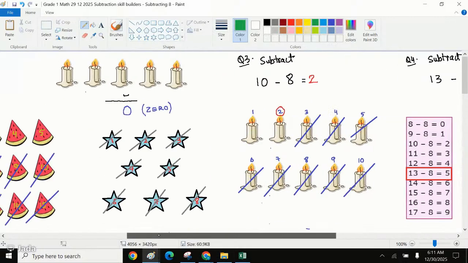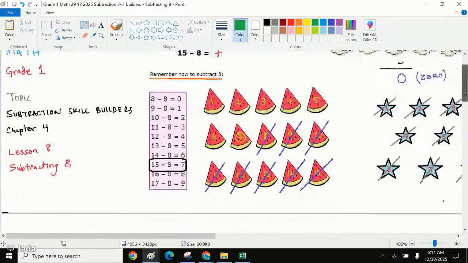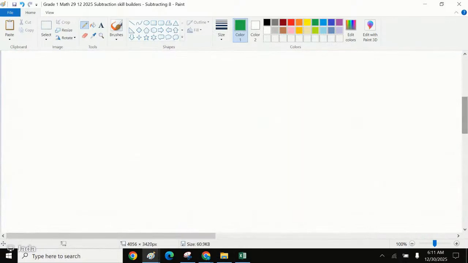Okay, the next one is a little difficult because the number has increased. Let's see, the next question says subtract 16, 16 minus 8.